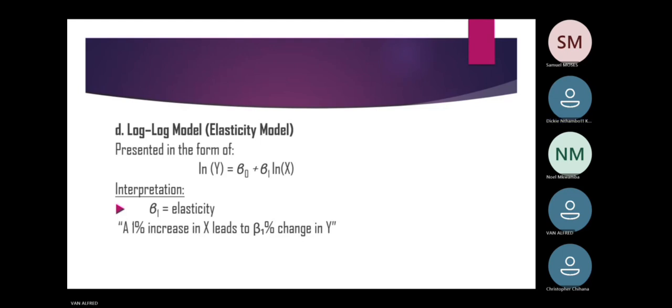To interpret this, we say beta 1 is simply equal to elasticity, which means a 1% increase in x leads to a beta 1% change in y.